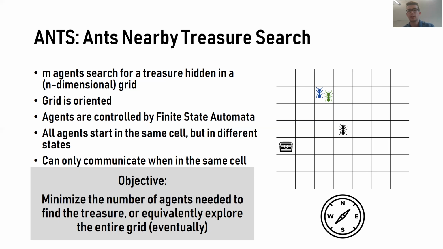So think of the distance to the treasure as an infinite quantity compared to the finite number of states. Let me also already mention that an equivalent formulation of finding this treasure is exploring the entire grid, and since this is an infinite grid, eventually visiting every cell.